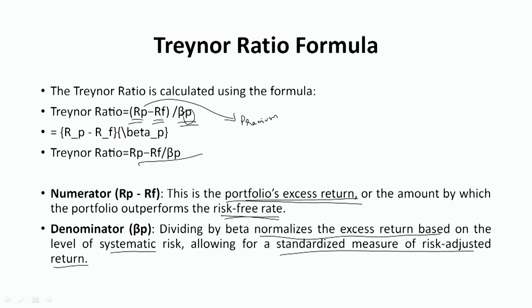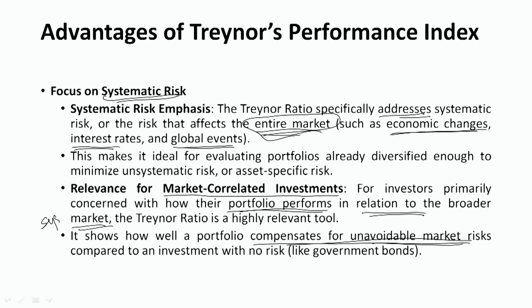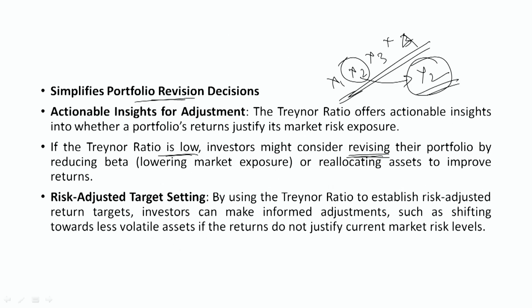It is the premium over the risk-free rate which you have earned on the portfolio, divided by the risk the portfolio has taken. So here it's very simple. When the ratio is low, it means that beta, sorry, not alpha, not sigma, it is beta, is high. Beta is high means the market risk is higher, right?